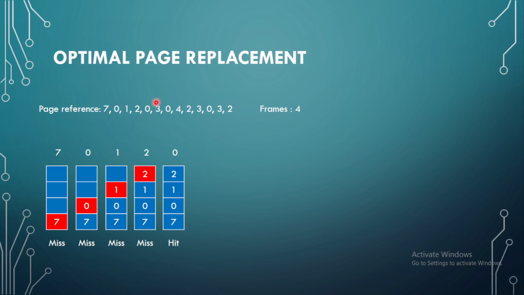And then 3 is needed, so we have to bring 3 into the primary memory. Now we have to replace one of these pages with 3.